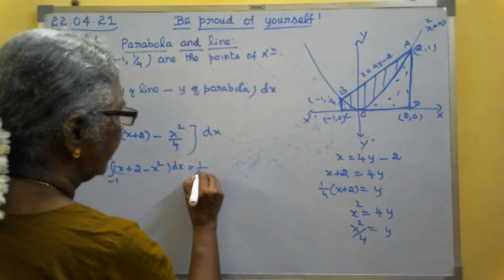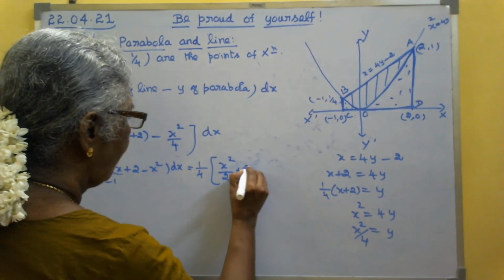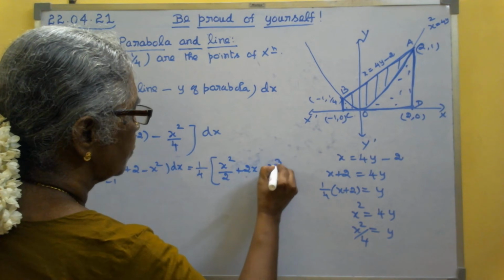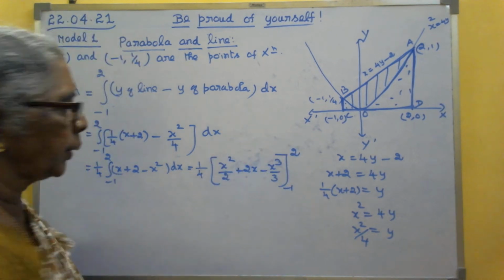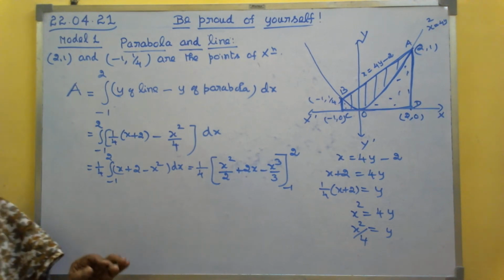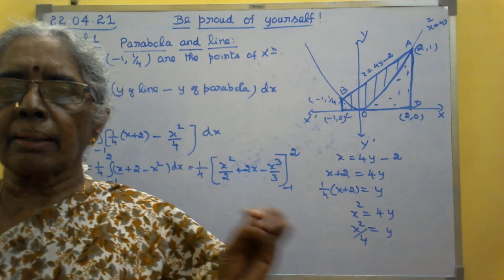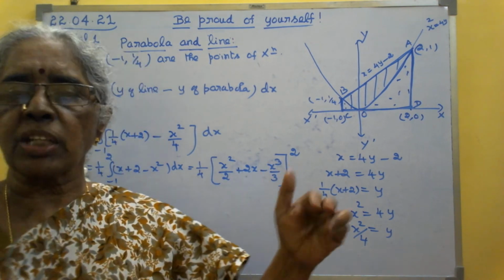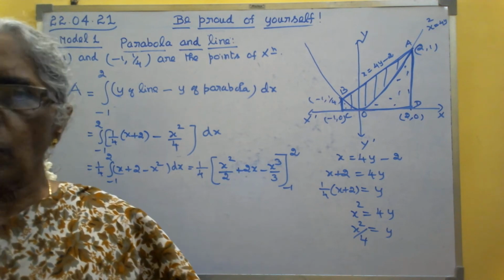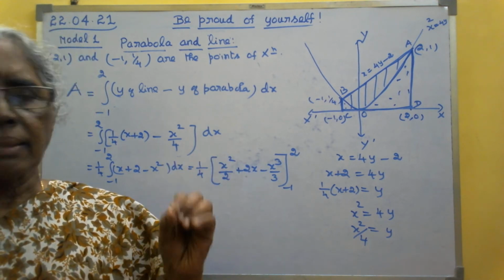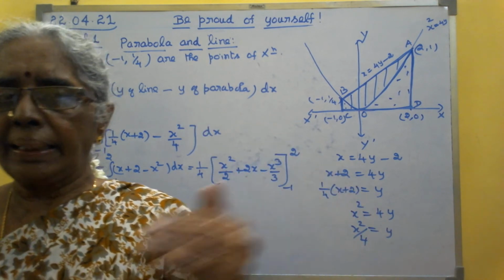So I will take the 1 by 4 out. I will get x squared by 2 plus 2x minus x cube by 3 within the limits minus 1 to 2. Right? Now, for substituting, there are two ways. You can substitute for all the three terms the upper limit, then minus lower limit for all the three terms. That is one way of doing. Another way is, for each term here, you can do upper minus lower.